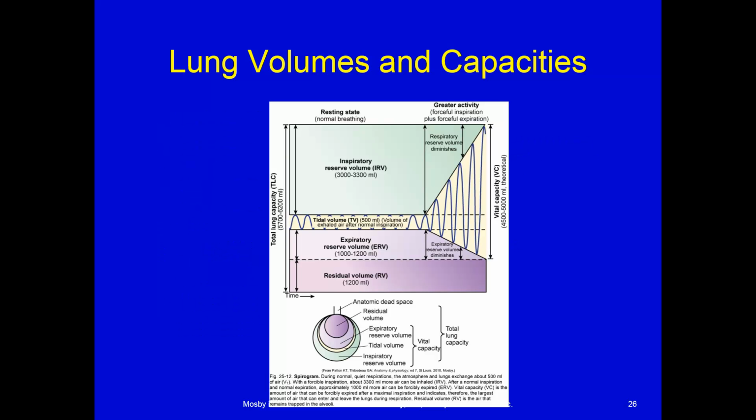So here in this illustration, it's just right here. You're just tidling along, breathing in, breathing out, not really thinking about it. Normal volume of air moved during that activity is about 500 milliliters, okay? So that's tidal volume. Think of tidal volume as just your normal breathing when you're not thinking about it. That's the volume of air being moved.